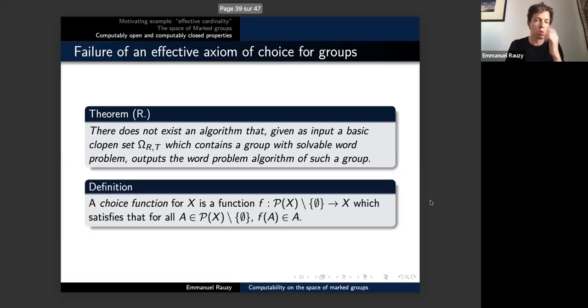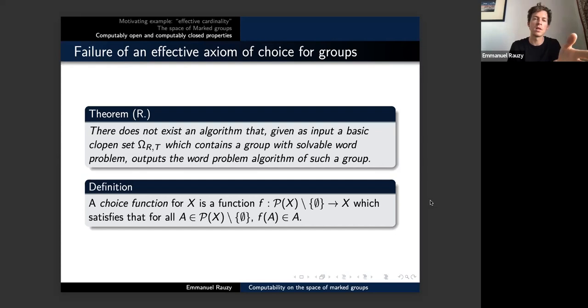If you recall that a choice function is a function which maps a non-empty subset of a set to a point in this subset, and that a possible way of expressing the axiom of choice is to say that every set has a choice function, you will understand how this theorem is related to a form of an effective axiom of choice.